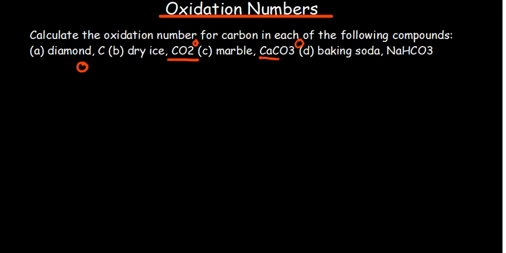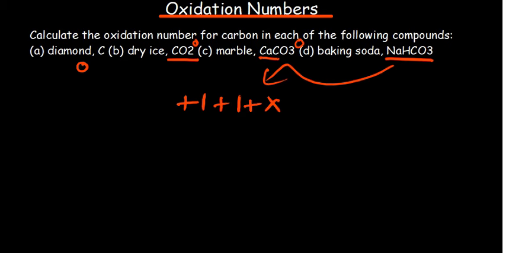We can go now to baking soda, sodium hydrogen carbonate. What comments can we make there? Sodium is in group 1, so it goes to oxidation state of positive 1. Hydrogen, we said positive 1. Carbon, we put X. Oxygen, we have got 3 times the -2.